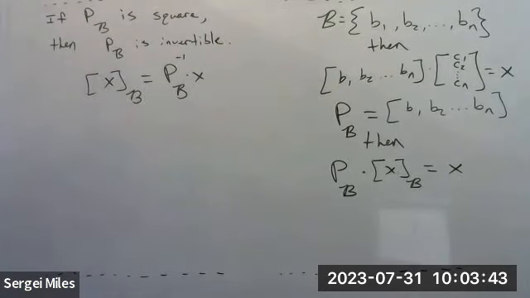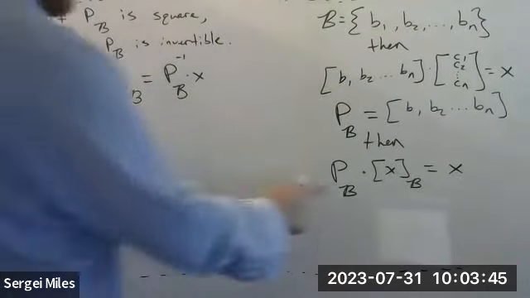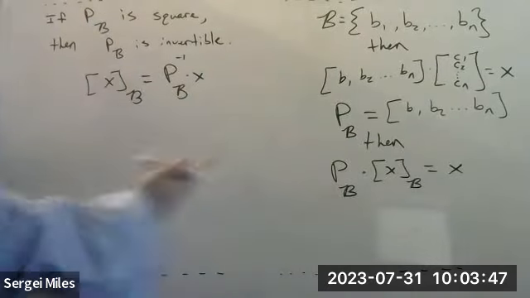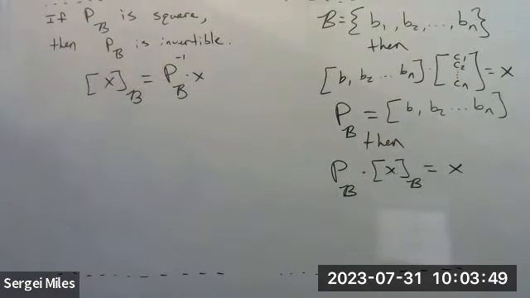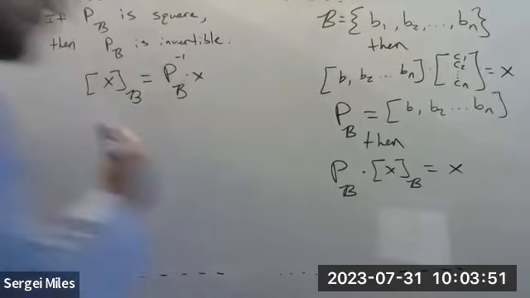So another way of thinking of this is that PB you could treat as the standard matrix for a transformation, right?